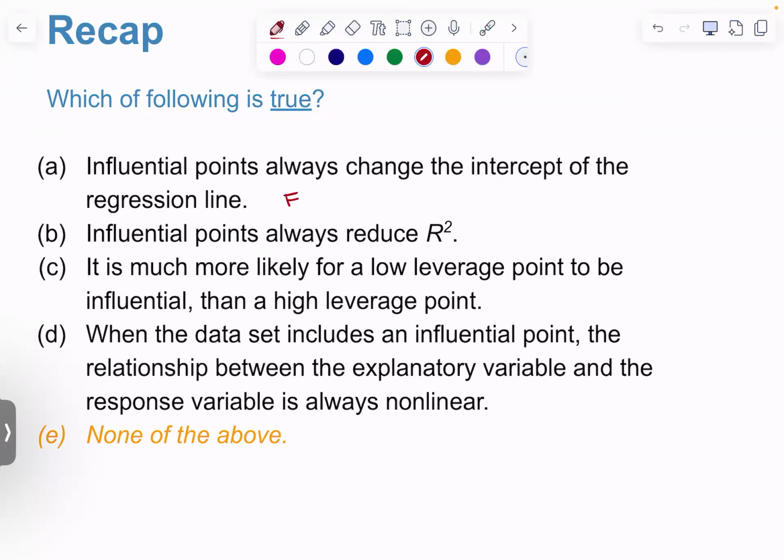Not necessarily, they could. Influential points always reduce R squared, right? Influential points are when the line isn't fitting as well as it could. And I actually kind of disagree with all these.